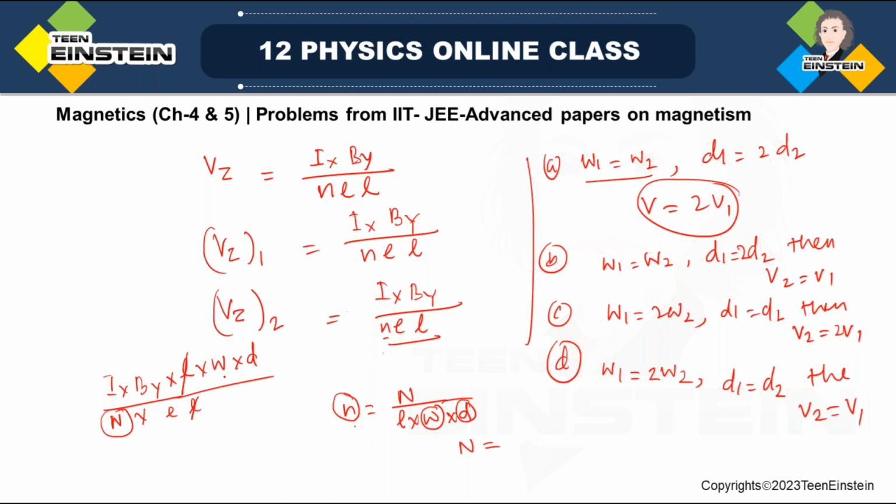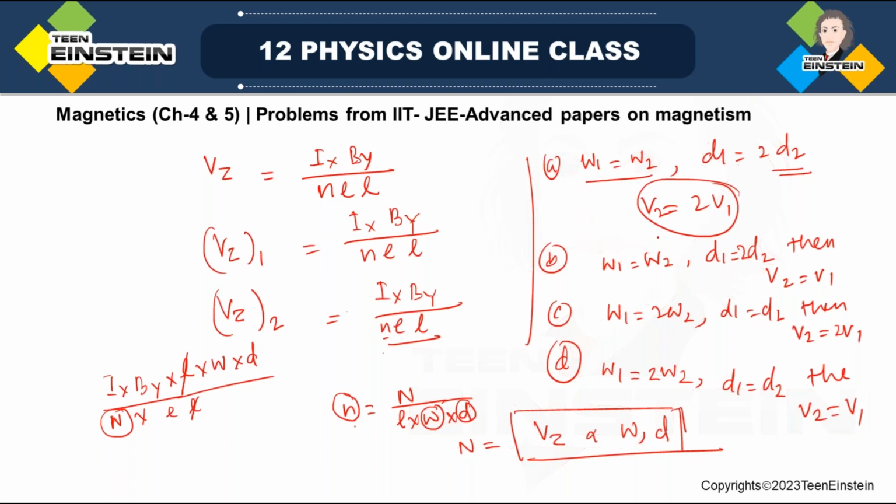That you can see here. Both are directly, see then Vz is directly proportional to W and D.